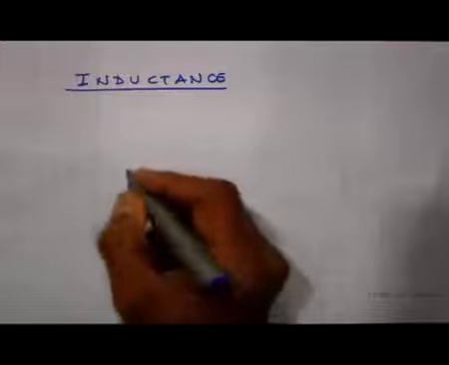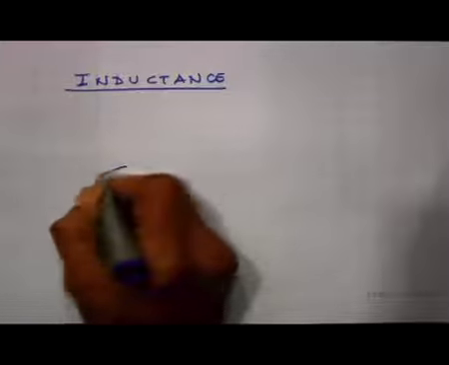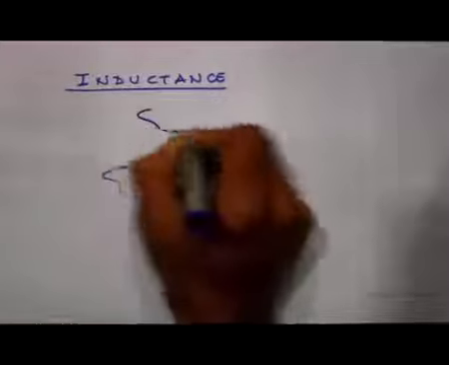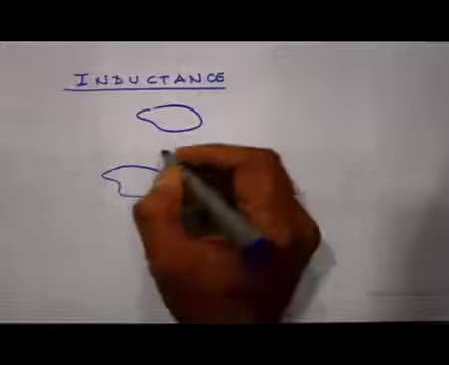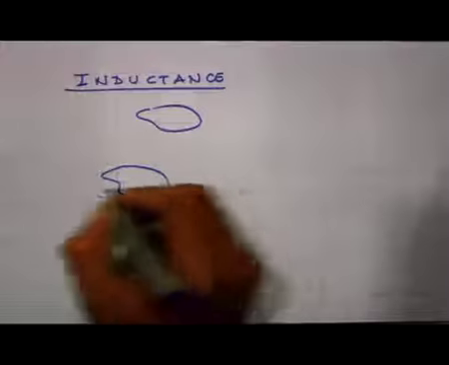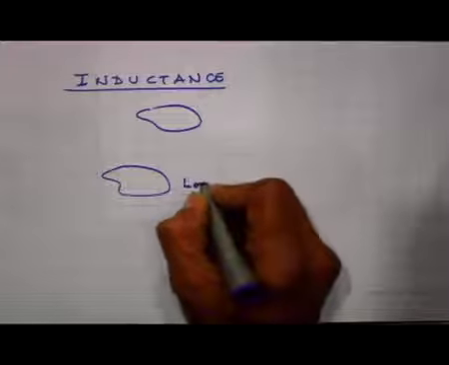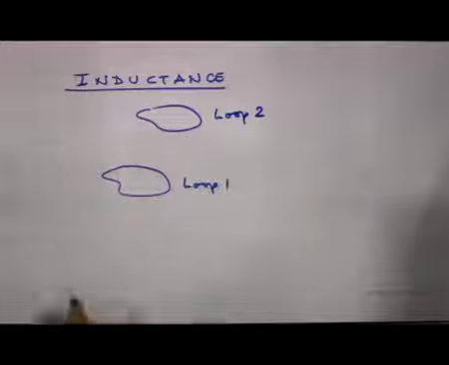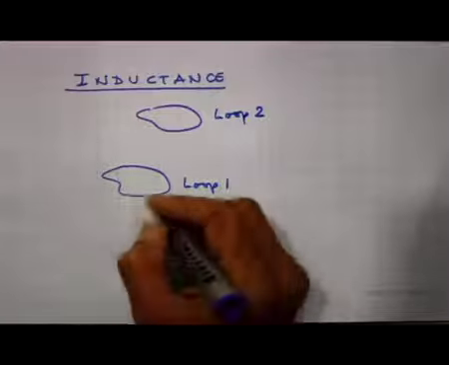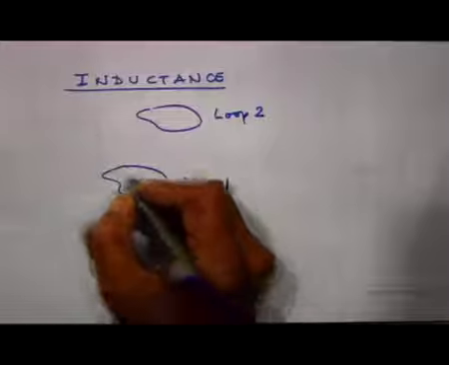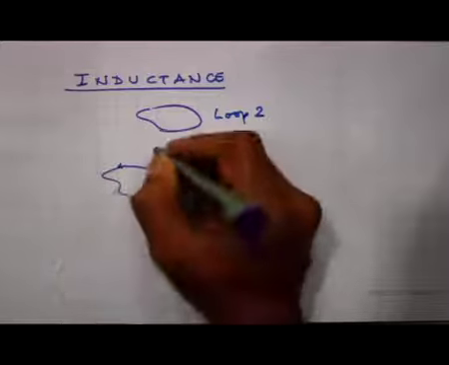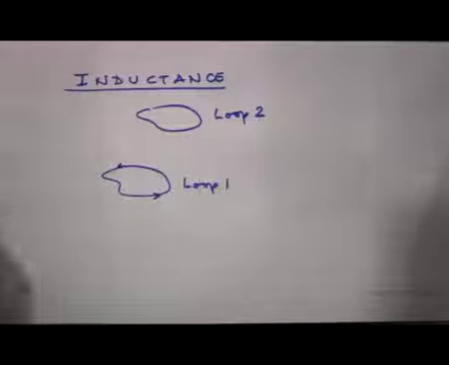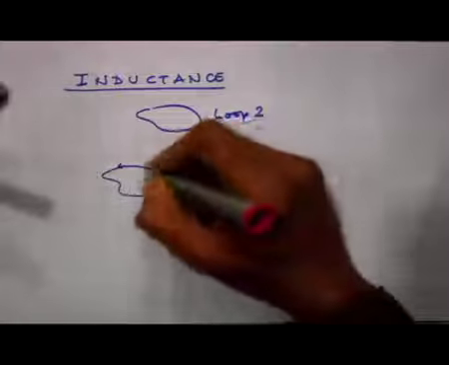So, let me assume that I have two coils placed close to each other. Let me call this loop 1 and this loop 2. Now, suppose I pass a current through this loop. This will have a magnetic field associated with it, so the magnetic field may be generated like this.